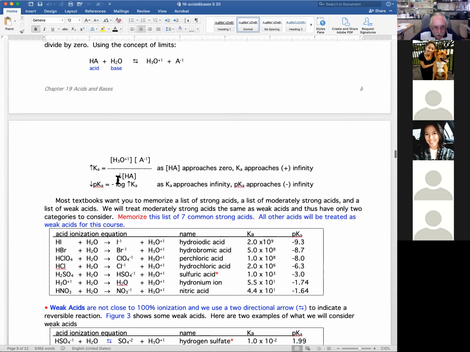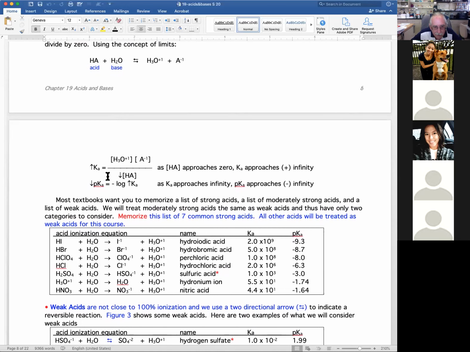The smaller this number is, the bigger the Ka gets. So Ka approaches positive infinity. What about pKa? The bigger and bigger the Ka gets, the smaller and smaller the pKa gets. So pKa starts to approach negative infinity.